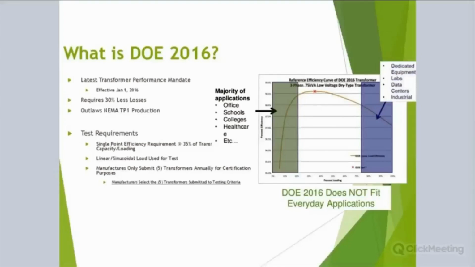There again, you need to be aware that if it's going on a nonlinear load, it's not necessarily going to meet DOE 2016. There are products out there that still meet or exceed 2016 with nonlinear load. That's what we recommend customers strive for, because now you are still saving that energy you thought you were saving from before.